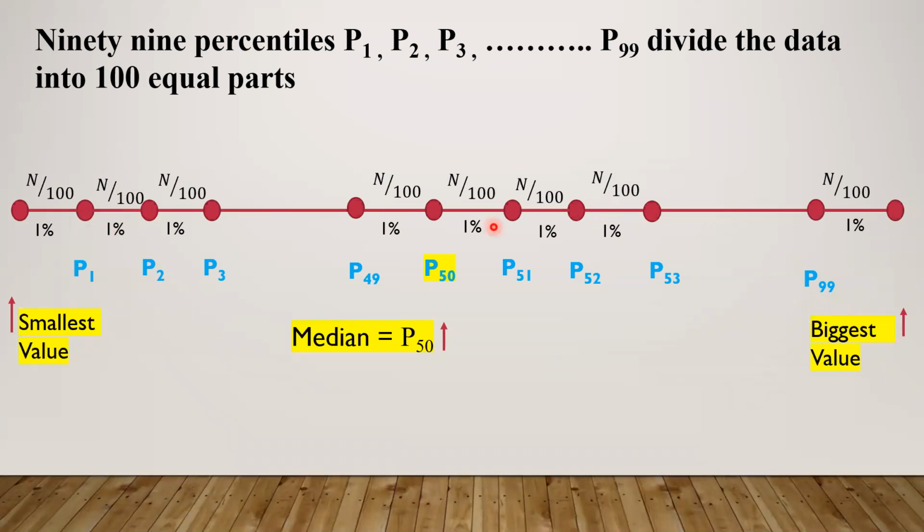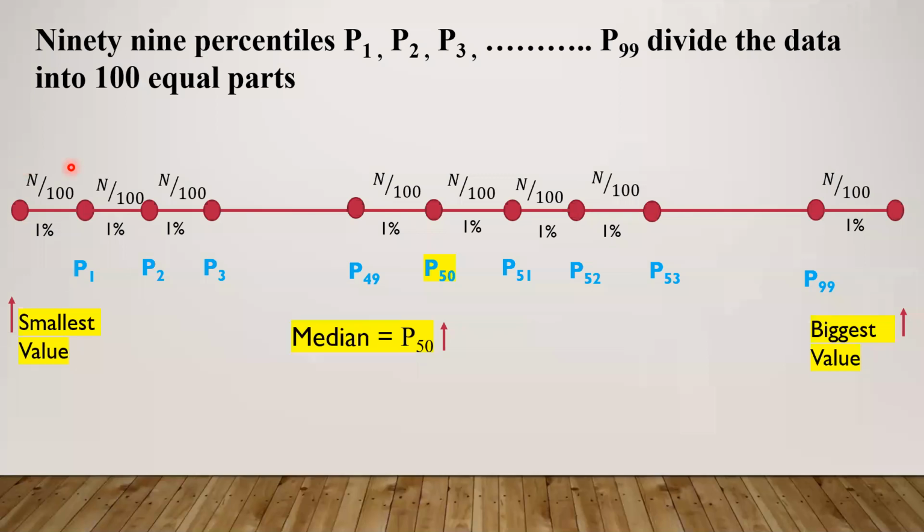Now, from this diagram, if I ask you how many values in my data are less than P1, look here, it is P1. How many values are less than P1? Look at the left side of P1: n upon 100 values.